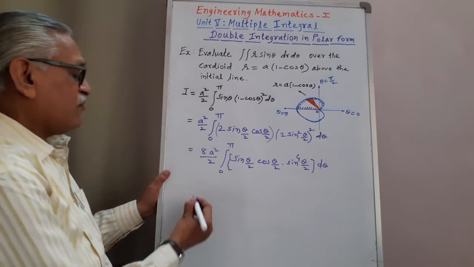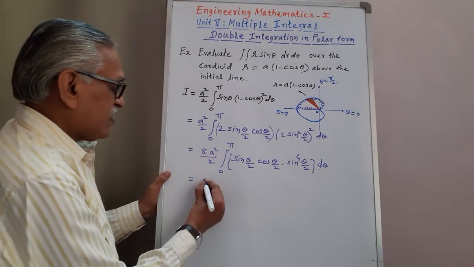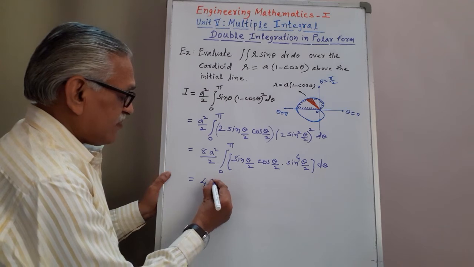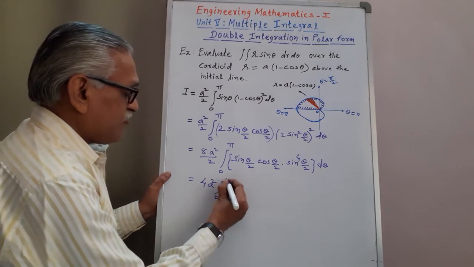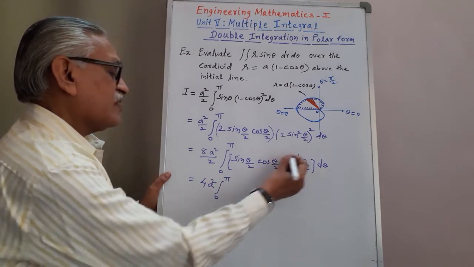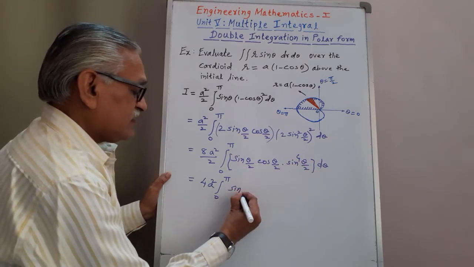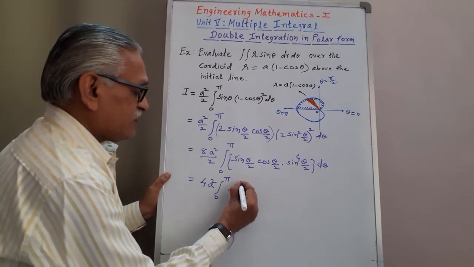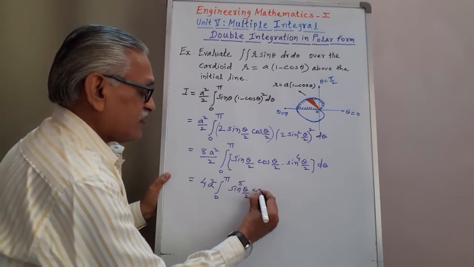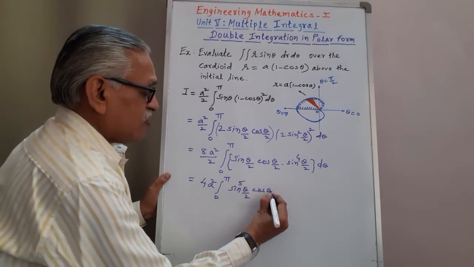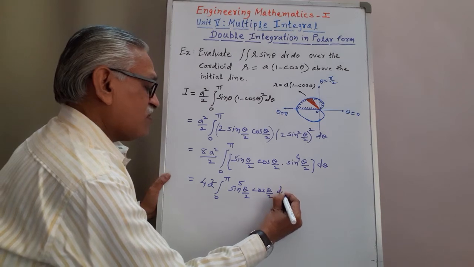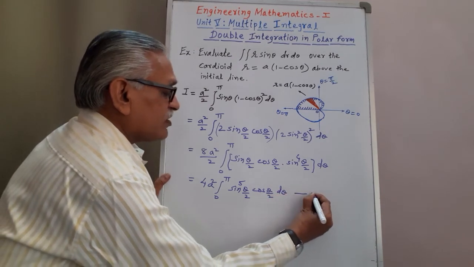Okay, and therefore it is 4a square integral from 0 to pi. If you combine these two terms, we get sin theta by 2 raised to 5 cos of theta by 2 d theta. We call this equation 1.